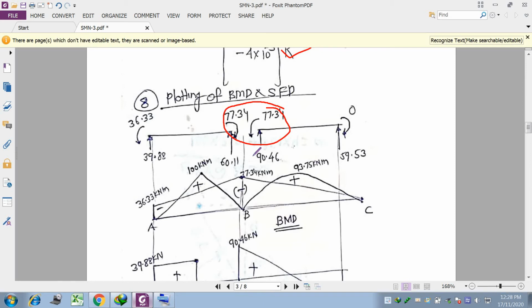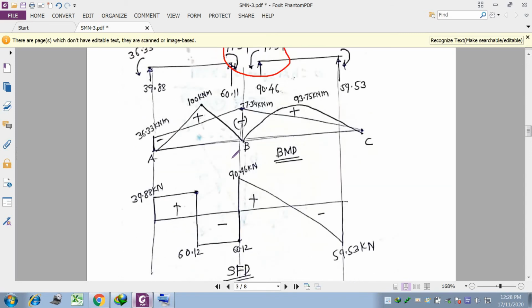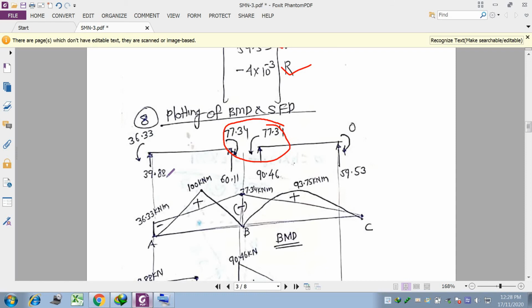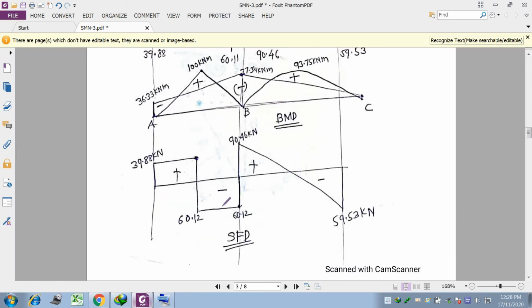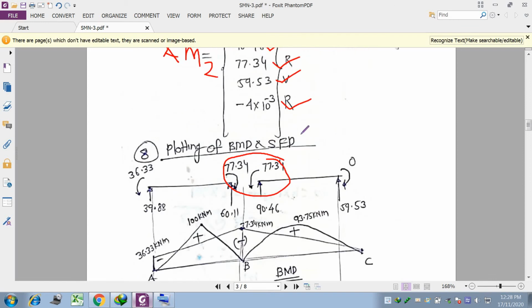So always remember that this is a cross check of your answer. Based on that, you have to plot your bending moment diagram for hogging as well as sagging. And then based on the vertical reactions you have calculated on the supports, you can plot your shear force diagram.